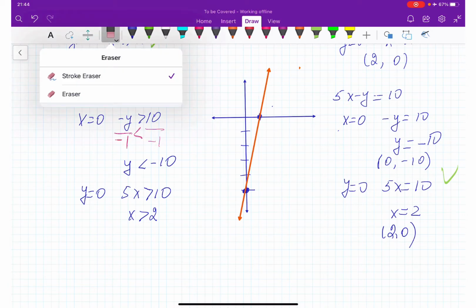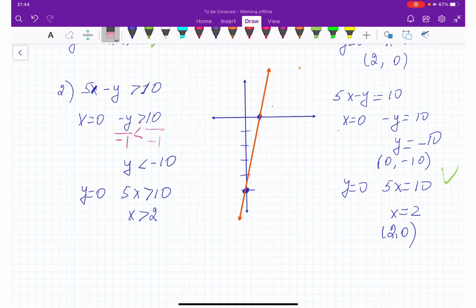Like that. Okay. Now let's see which direction we are heading with the shading.